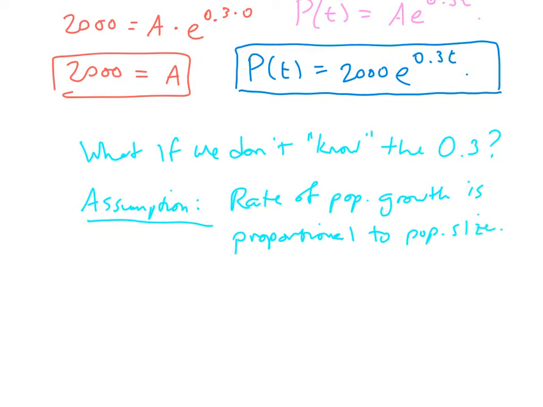Let's assume that that's all we know. We don't know that there's a multiplier of 0.3 there. We just know that the rate of growth is proportional to the population size. And this is something that's continuously true.